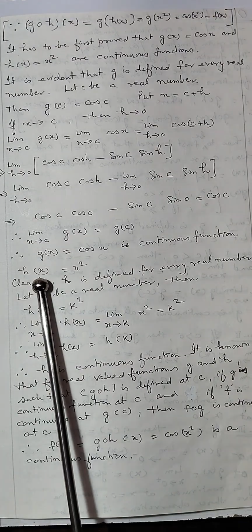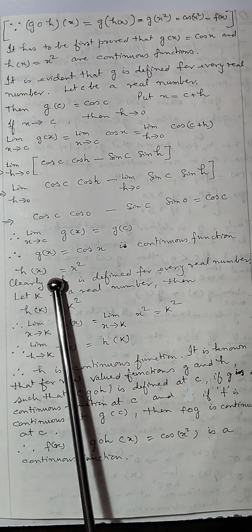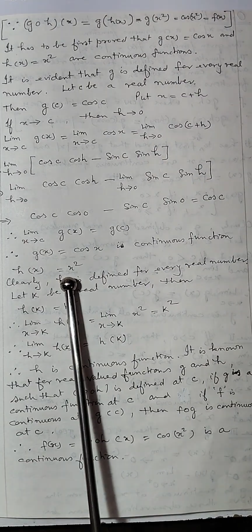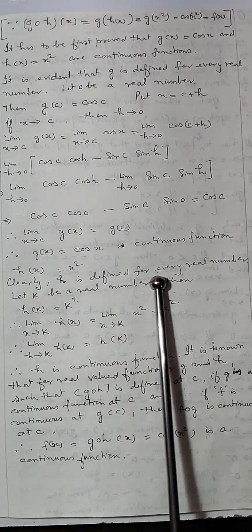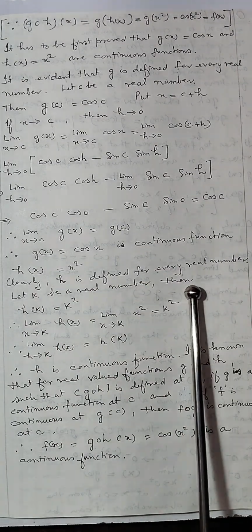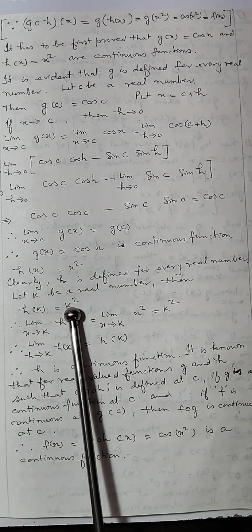Now let us take the second one, h(x) is equal to x square. Clearly h is defined for every real number. Let k be a real number. Then h(k) is equal to k square, meaning there it was x square, here we have put k square.